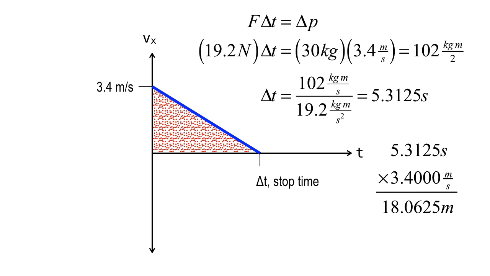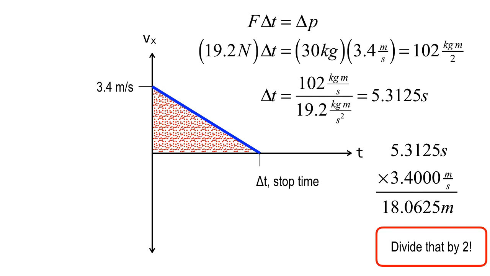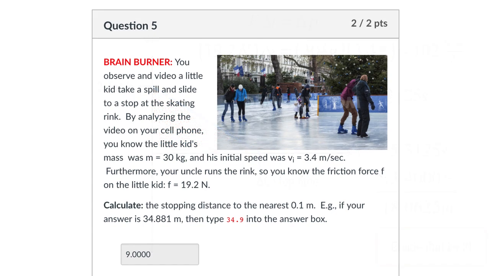All right, so here's the area of a rectangle, 5.3125 times 3.4, and then for the triangle, we want to divide that by 2. So that's 18.0625 divided by 2. So that's like 9.03 something.